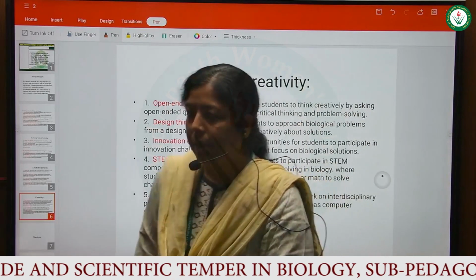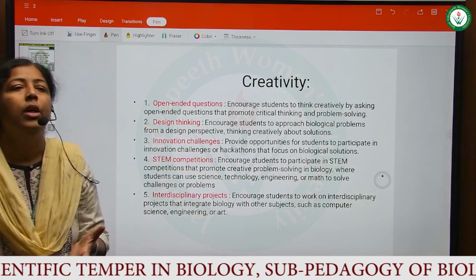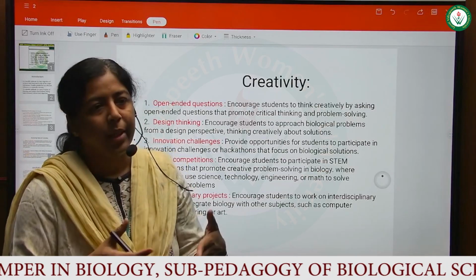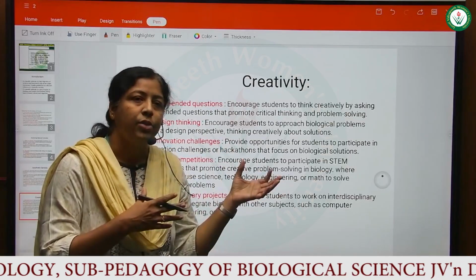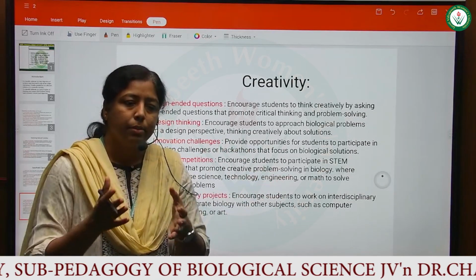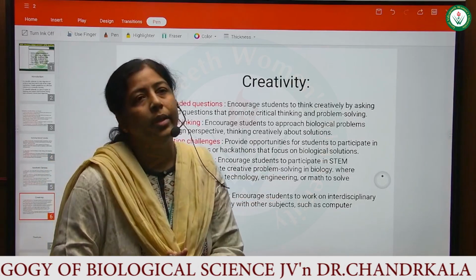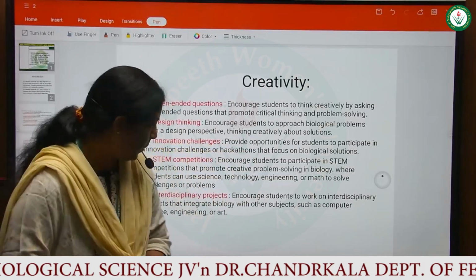So we can encourage the student to develop their scientific temper not only in biology, but at the same time integrate science with our Indian knowledge system and the present scenario, and integrating all together, they can be working for the society and its development.